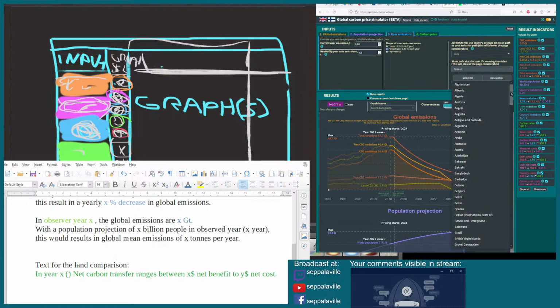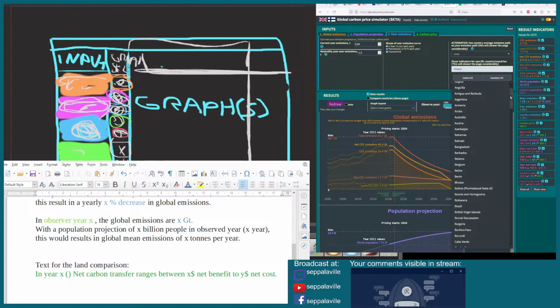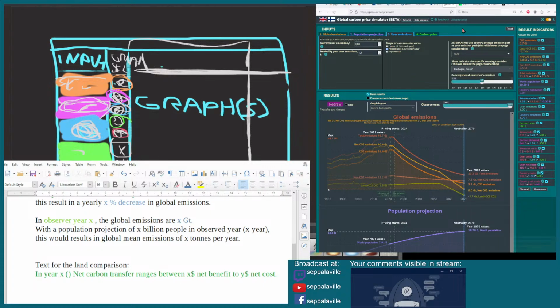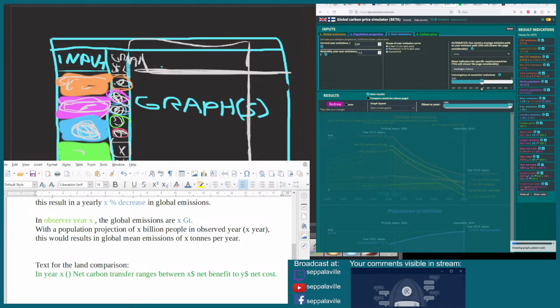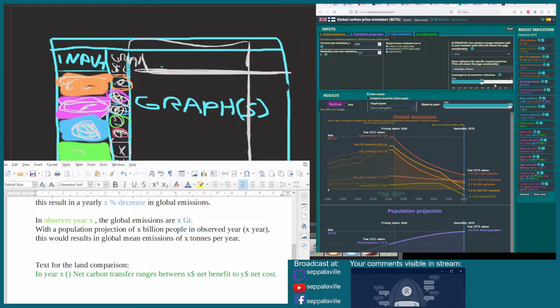Okay, let's have another country here that is a poor country, Azerbaijan probably. And the user can also select the convergence factor here. We have 0.5 now; with convergence factor 1, there would be a total convergence in emissions by the carbon neutrality year.